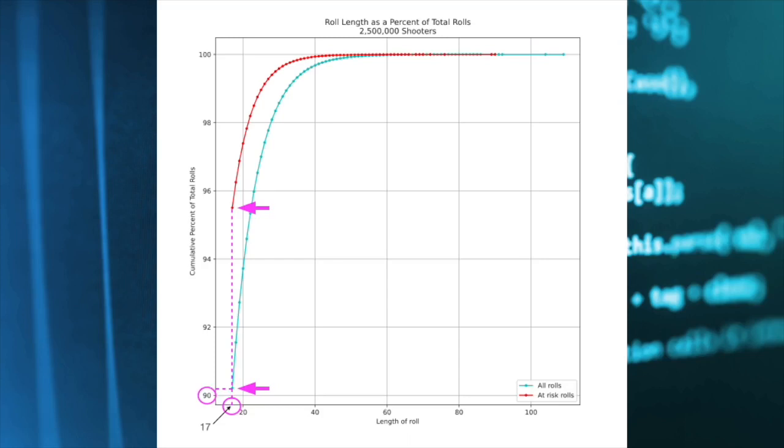And for at-risk rolls, more than 95% are 17 throws or shorter. If we go out to 40 rolls, we can see that both types of roll are well above 99%. That is, more than 99% of rolls are shorter than 40 throws.